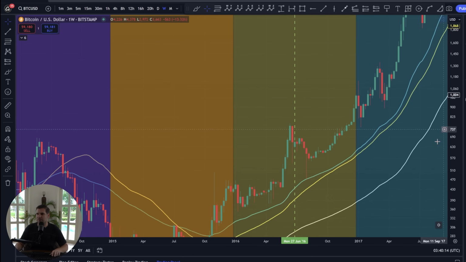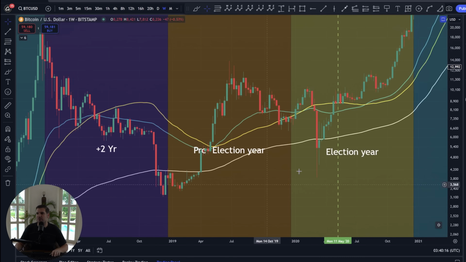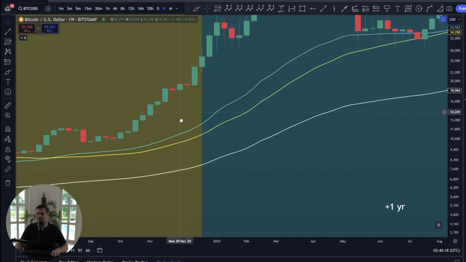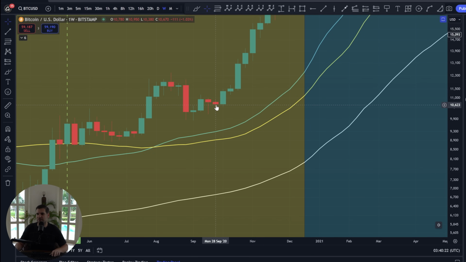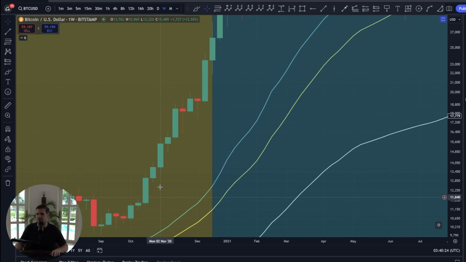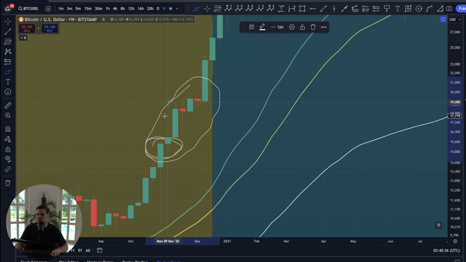What about 2020, which is where we saw the other election? Well, we can see over here, we go into October in a really strong way. We come into November right in here, meaning that we actually did see a push to the upside again on this candle. So we can see that the US election day happened right here, and we saw this push to the upside.